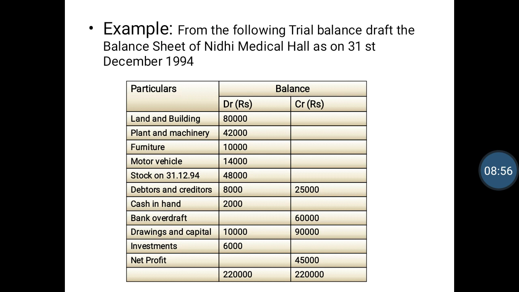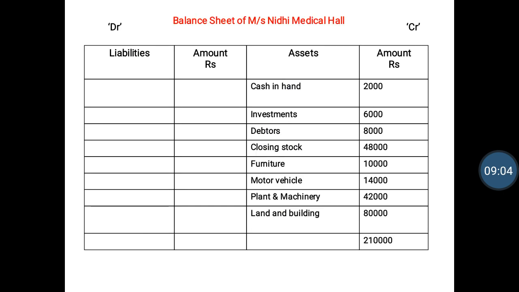So first, from this trial balance, select all the assets and then write them down in a balance sheet in this way. So this is the format for a balance sheet. On the right hand side there is the credit side. So here assets, first transaction, cash in hand, it is rupees 2000.